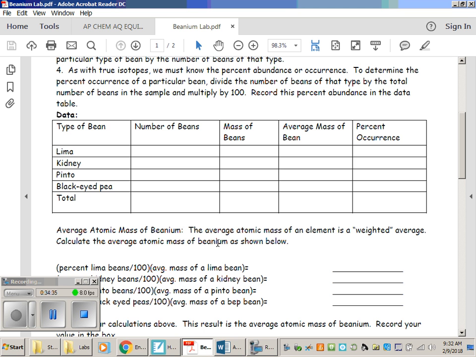Do not mix my beaniums up with another group, or I will not give you your green.